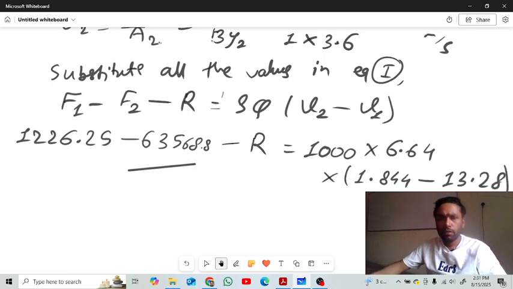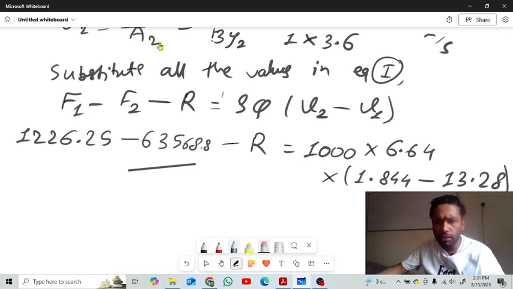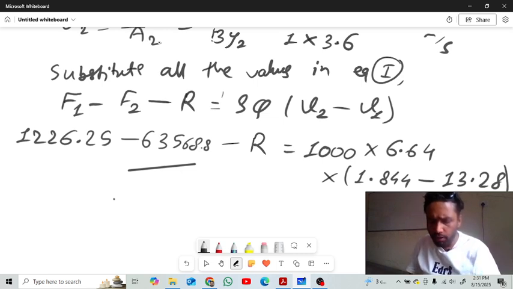Let's put this equation in the calculator and calculate the value of R.